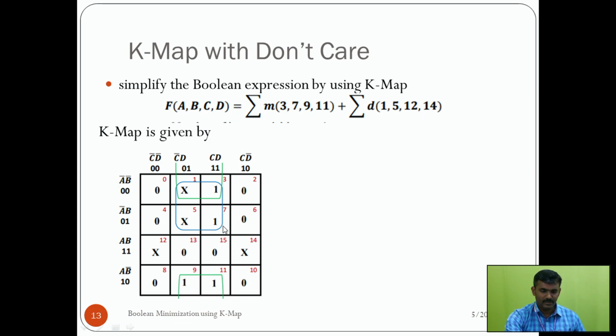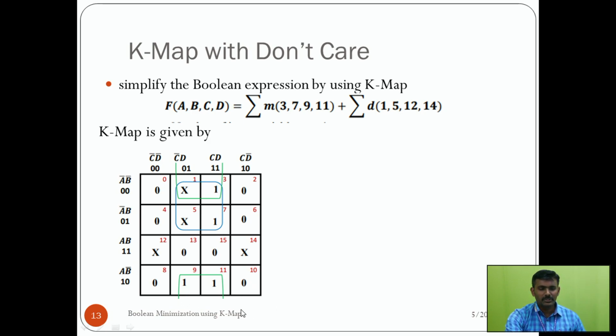What about the remaining ones? Don't care will be represented by x for 1, 5, 12 and 14. So the K-map is like this.